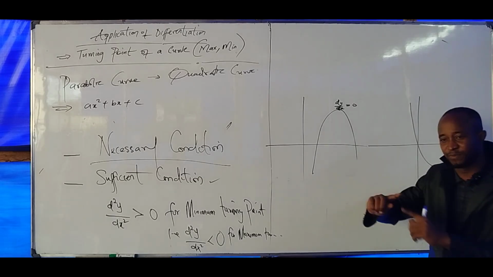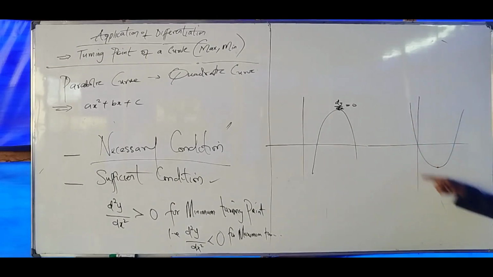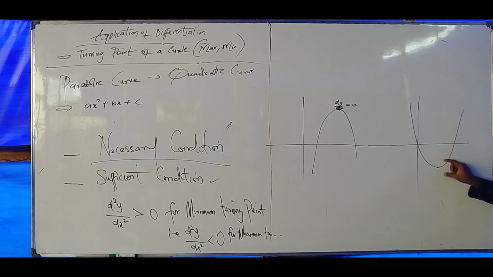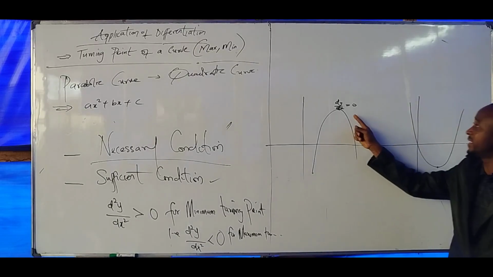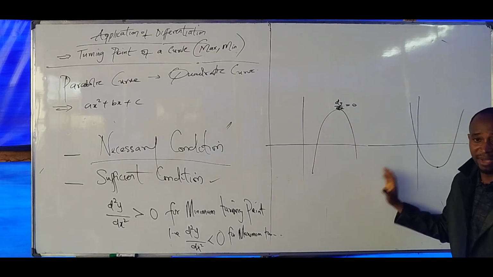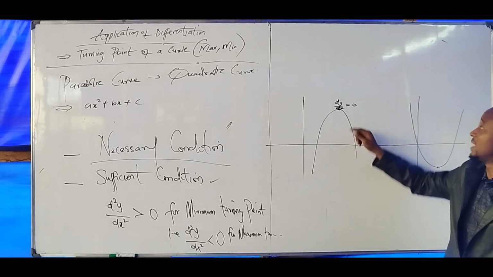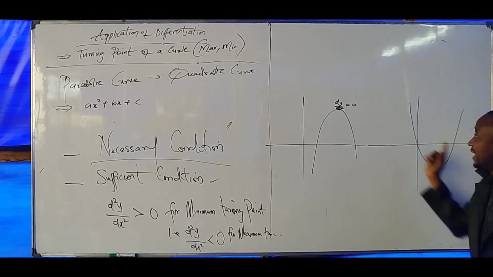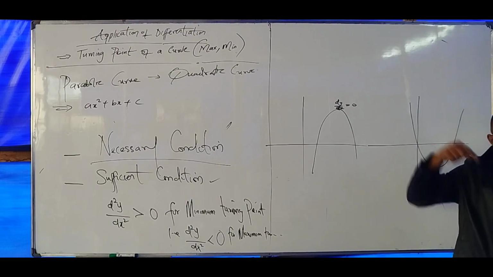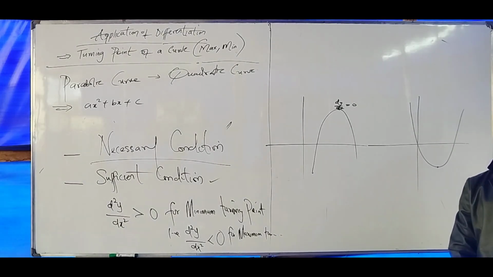When the curve is curved downward, just like this, it's called what? Minimum. Then when this curve is upward, it's called what? Maximum. But don't forget that at both minimum and maximum points, we have the turning point.